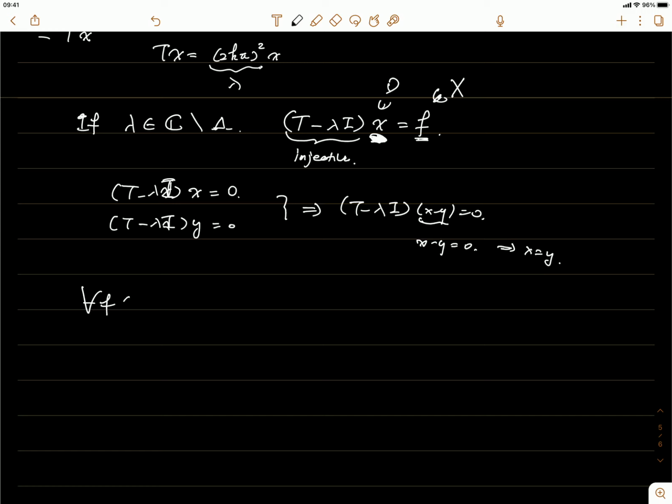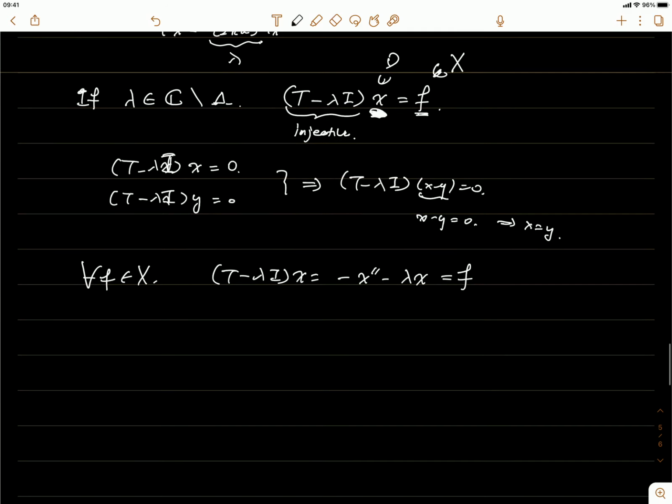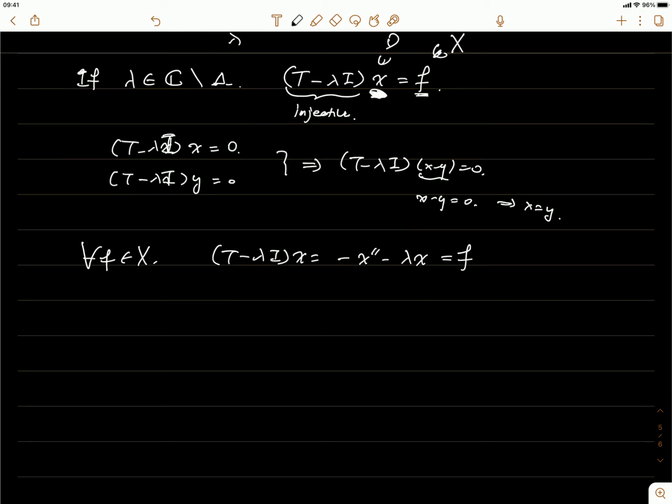So for any f in X, let's look at this equation. This just means that (T minus lambda I) x is negative x double prime minus lambda x equals f, and this one has a unique solution.